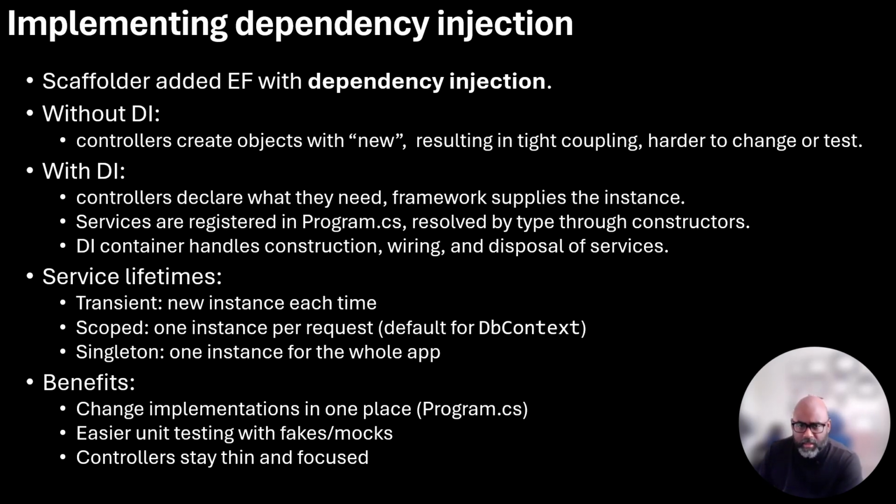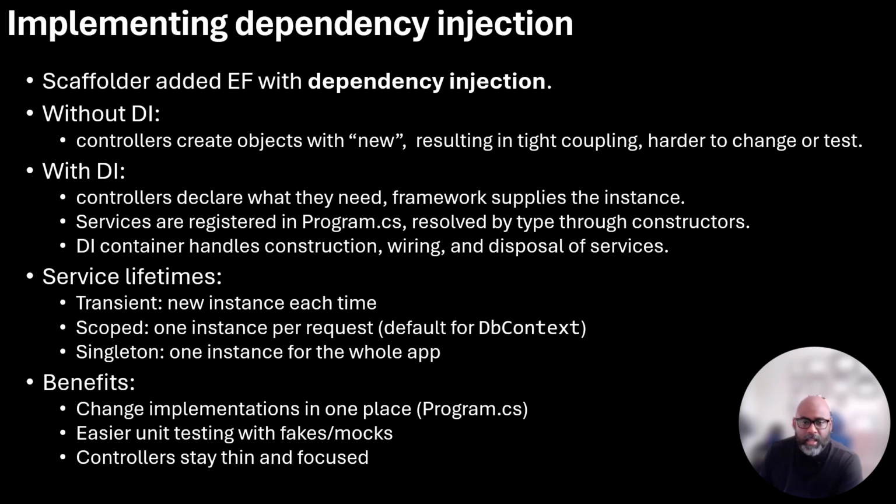One example of this is DB context, which is scoped by default, and it will fit in how we usually work with data per request. The benefit of this is that we can change implementations in one place without touching controllers, and in testing we can pass it, say, a fake service instead of having to spin up a database.